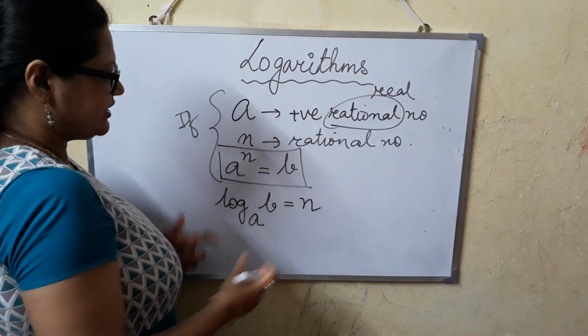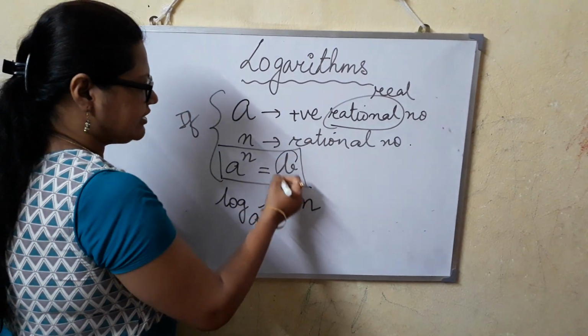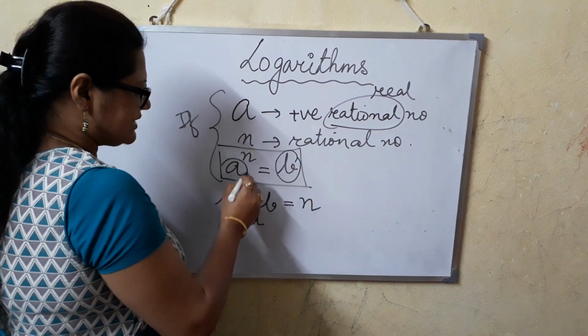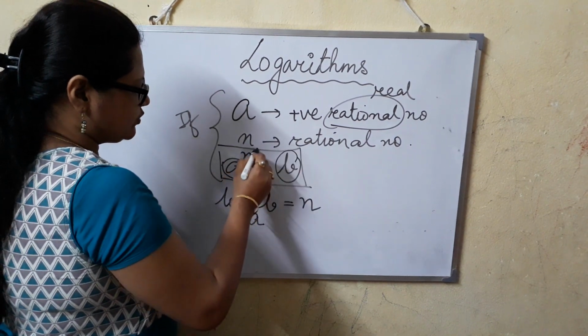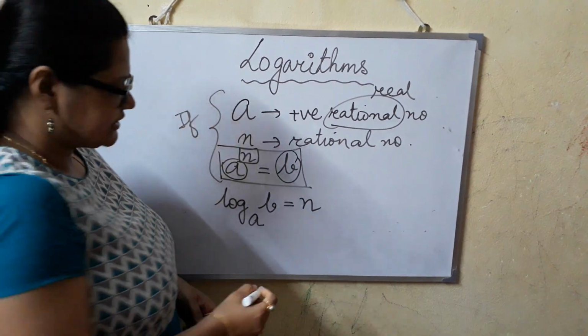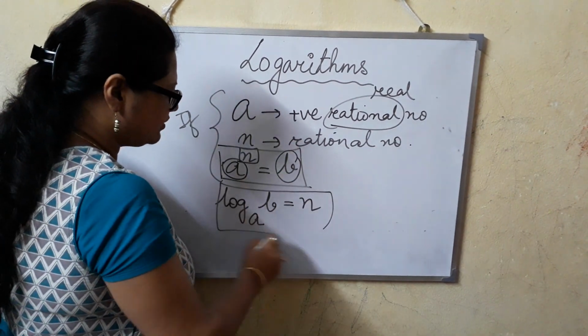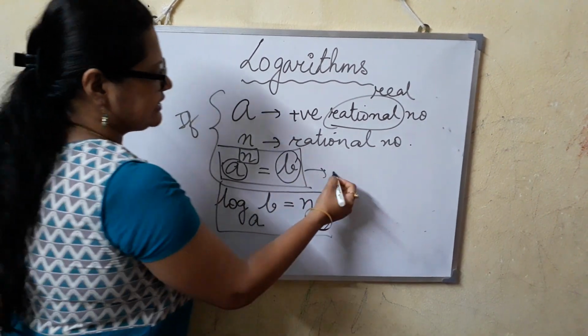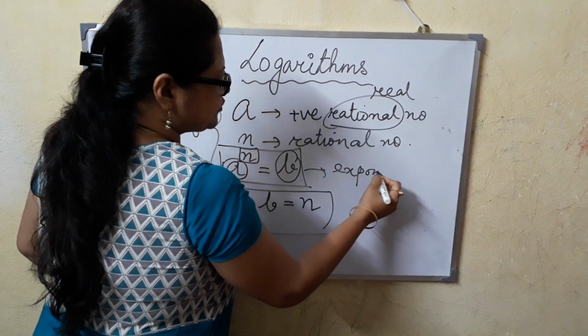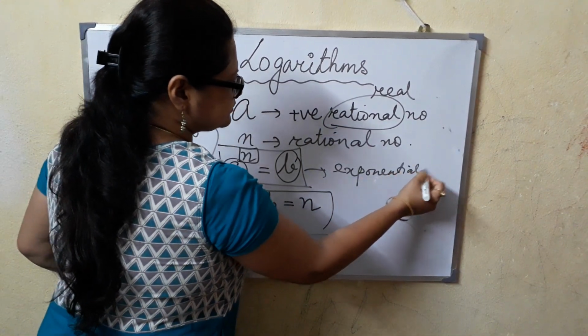Okay, what do we write? Log of b to the base a is equal to n. This is the logarithmic form and this is the exponential form.